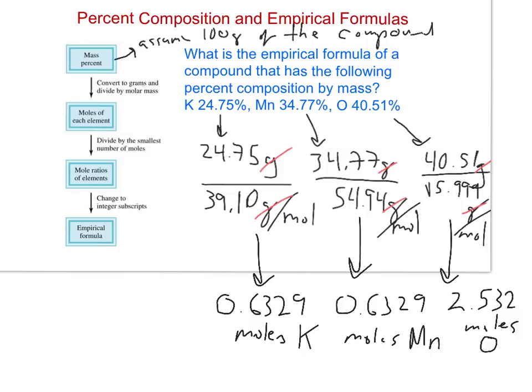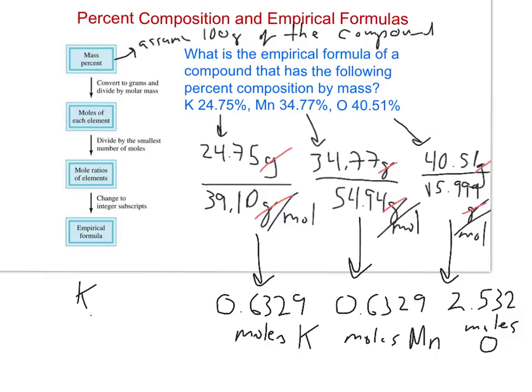There are the molar amounts for each element in the compound. But chemists don't record compounds as decimals or fractions. They use whole numbers.